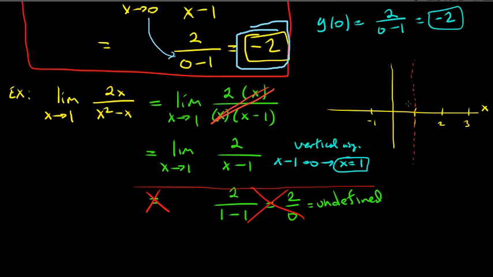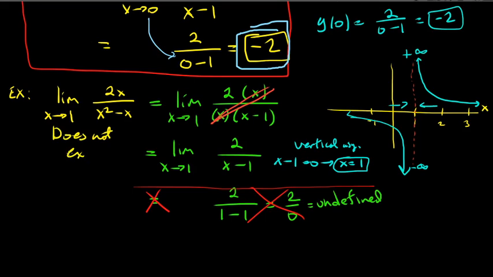That's why I drew this line here. So the graph will look like this. It's a little sloppy, but you get the idea. And so the limit from the right and the limit from the left don't match. One goes to positive infinity, one goes to negative infinity. And so we give up. We simply say that this limit does not exist. Okay, so that's the answer.